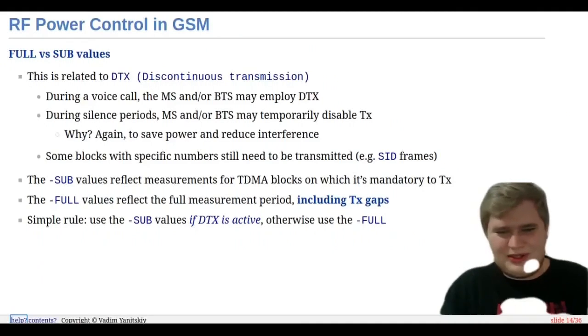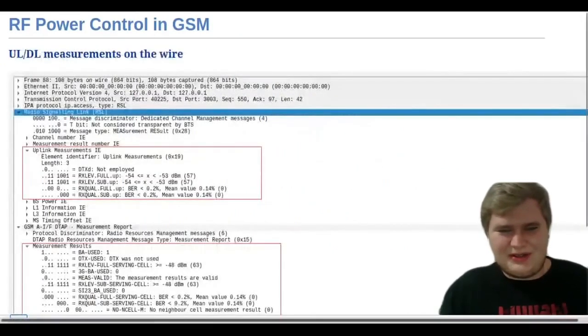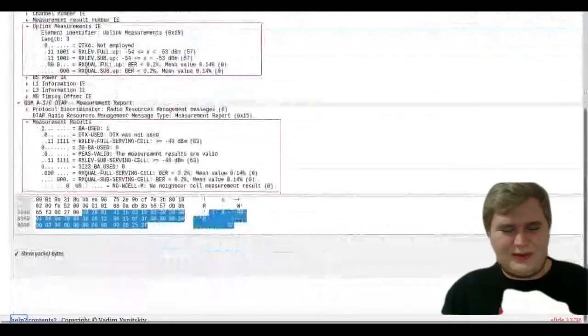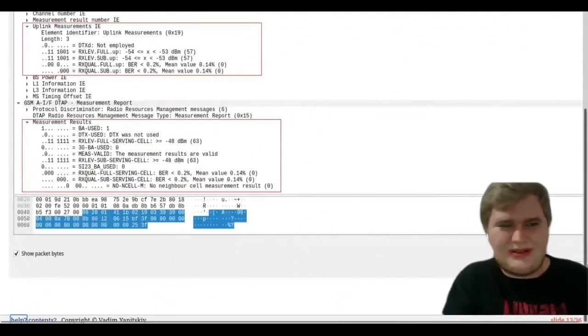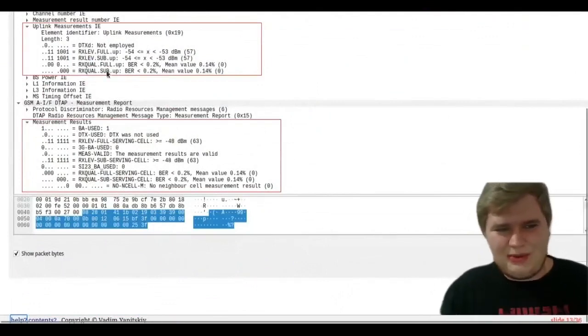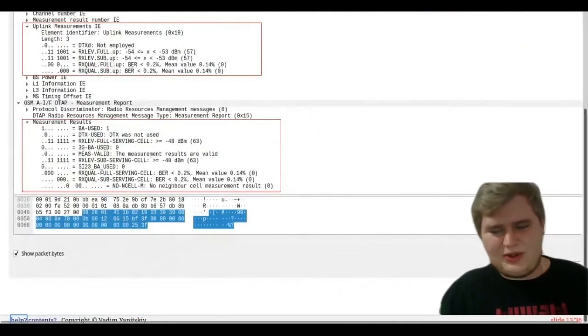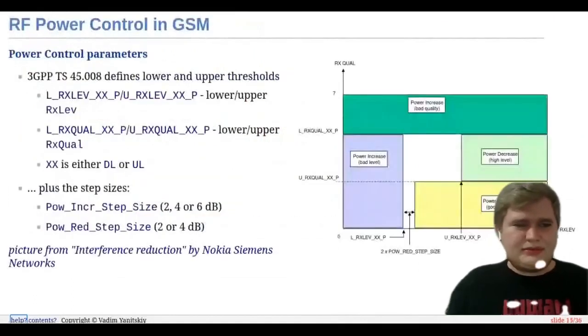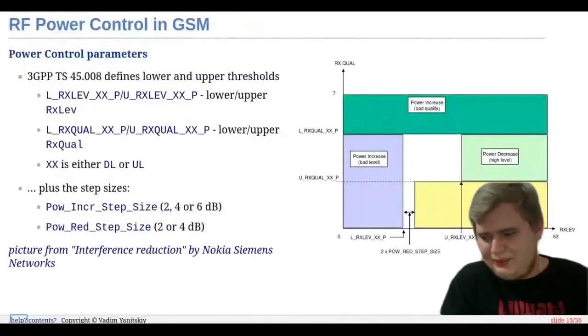And when looking at those parameters, there is a simple rule. If DTX is in use, then look at the sub parameters because they exclude gaps. And if it's not in use, look at full. This is how the general power control algorithm looks like.